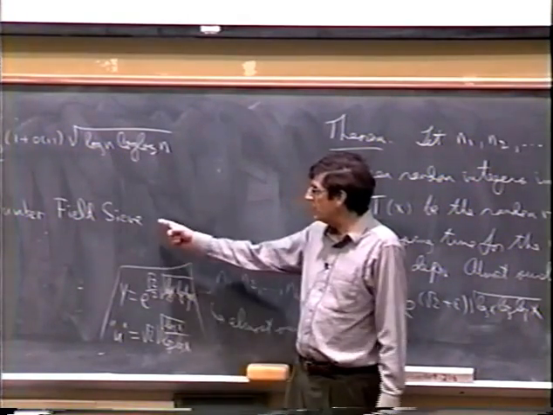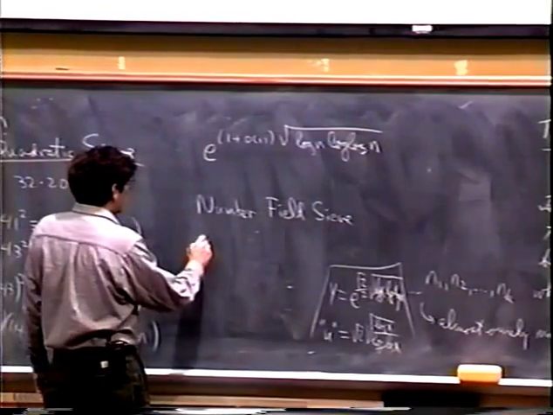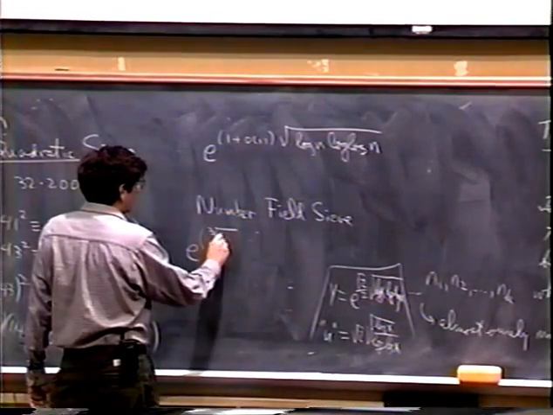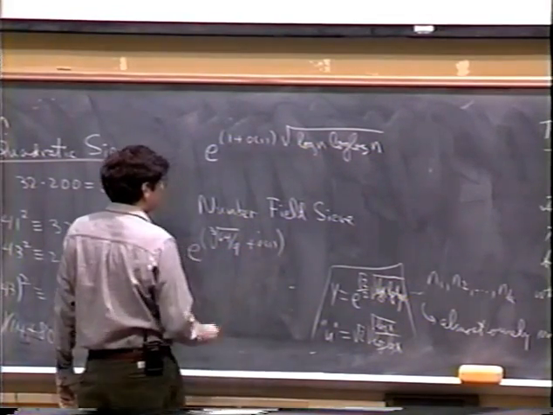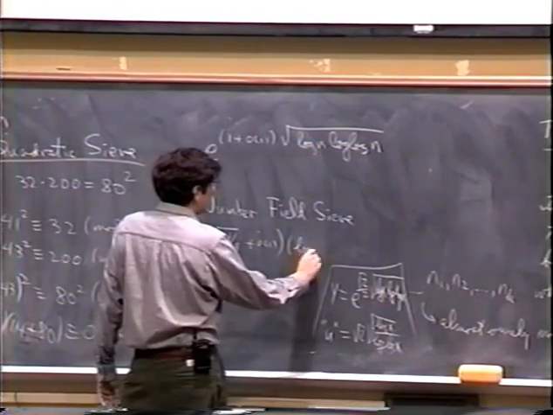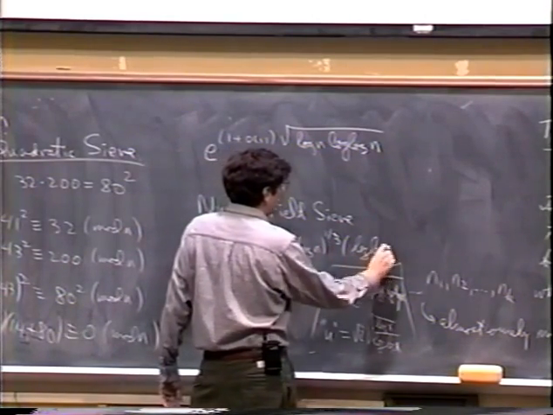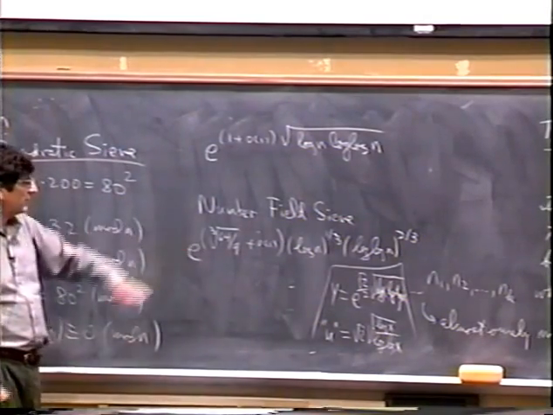And so here in this method, the running time, again heuristically, is about this number. You take the cube root of 64/9 and add something that's small. And you take the cube root of log n and the 2/3 root of log n. And that's all up there in the exponent.